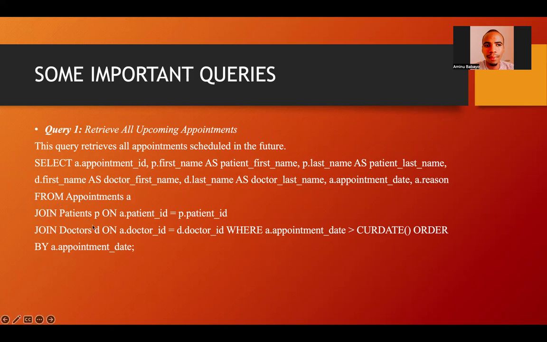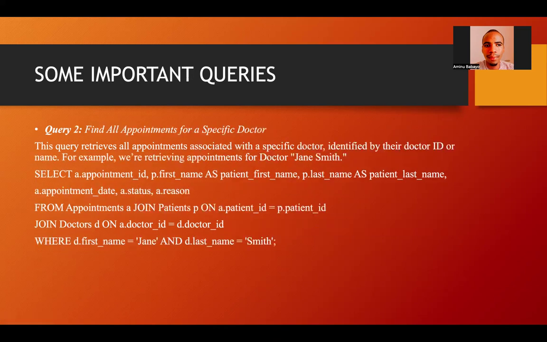We are joining them, using a join statement here. This one is also for finding all appointments for a specific doctor. Here we have a query with all appointments associated with a specific doctor, identified by the doctor ID or name. For example, we are taking appointments for Dr. Chen Smith. We can search something like select A.appointment, P.patient name.